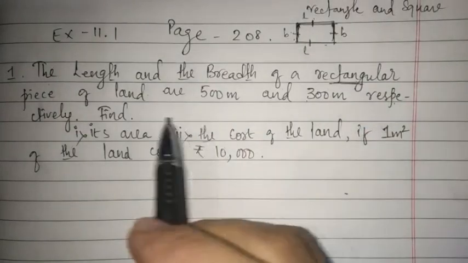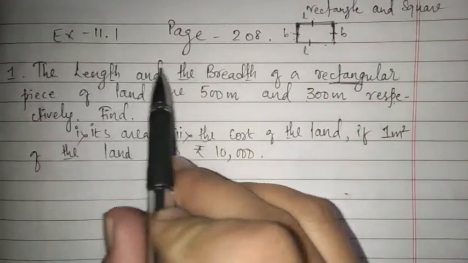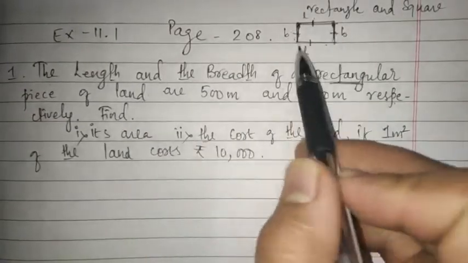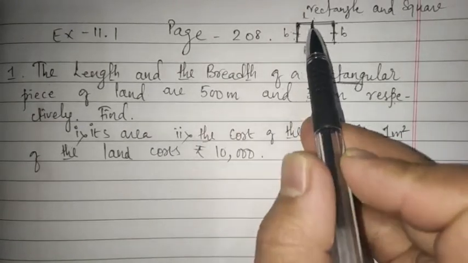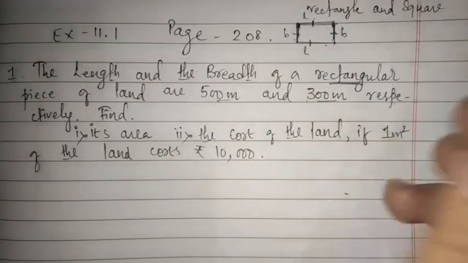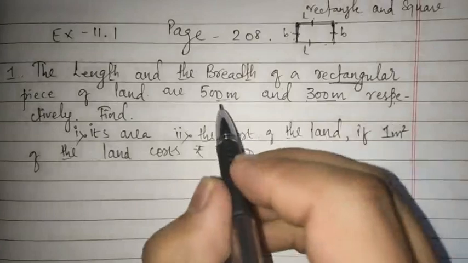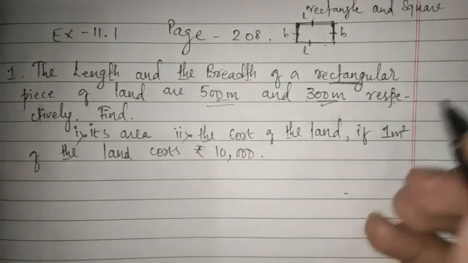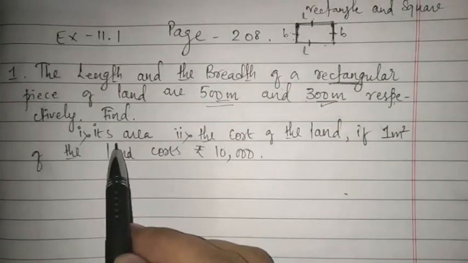The question is about a rectangular piece of land of length 500 meter and breadth 300 meter. Remember, length is the longest side, that's why it is 500 here, and the breadth is 300, the shortest part. Now you have to find the area.